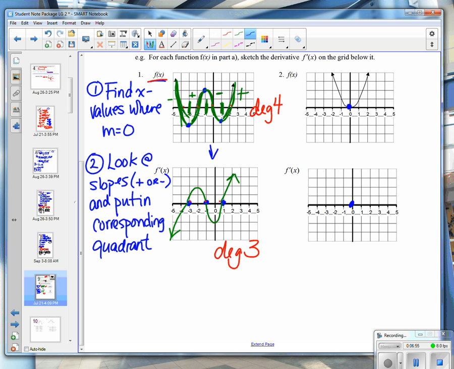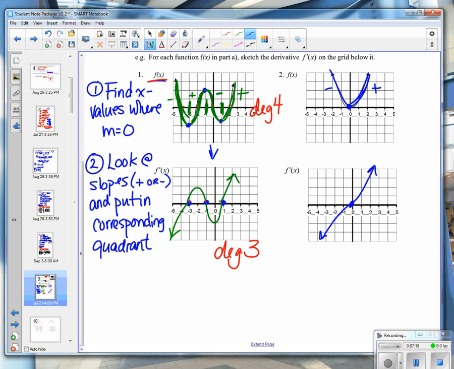Okay, now I'm just looking for slope. So in this section, I know my slope is negative. So that tells me that in this section, my slope has to be negative. Okay. Here, my slope is positive. So my slope is going to have to be positive.